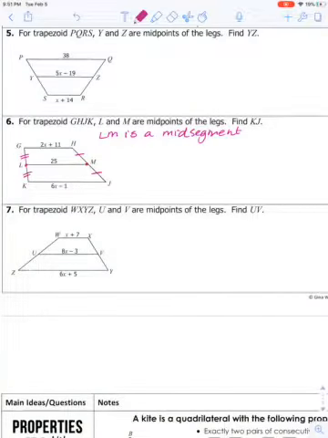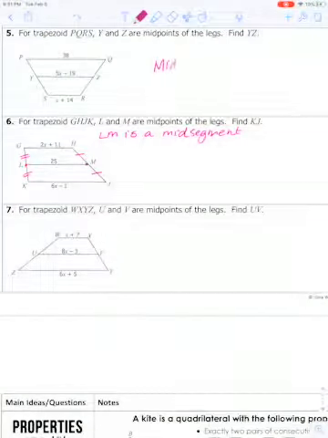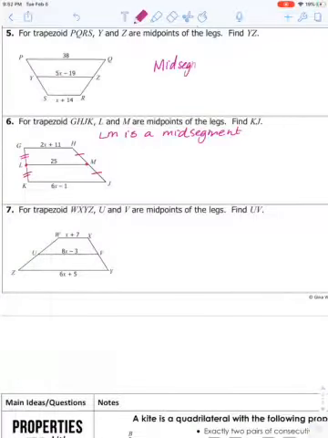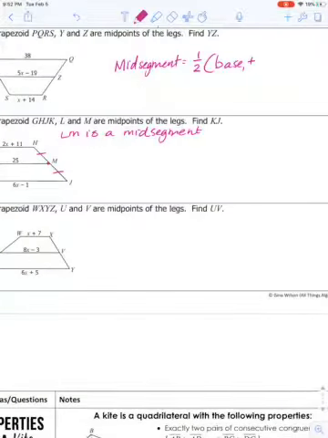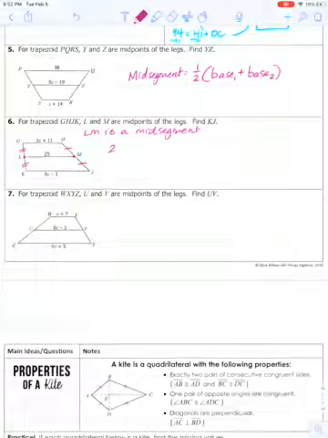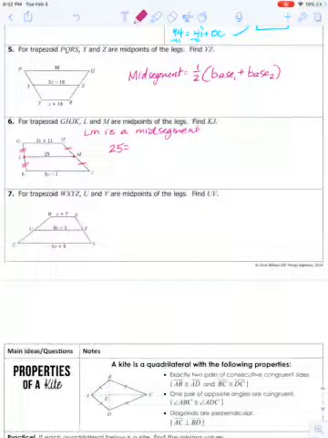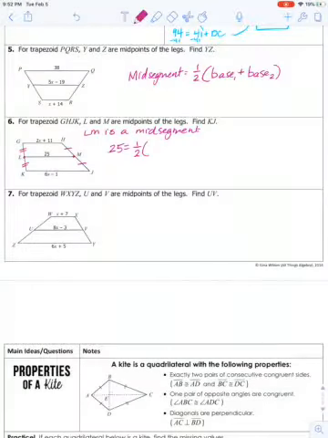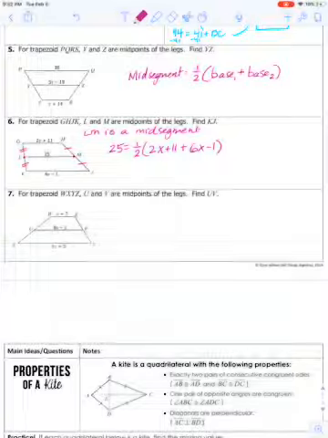The mid-segment, in general, is equal to 1/2 of base 1 plus base 2, the average of the bases. So the mid-segment here is 25. One of the bases is 2x plus 11, and the other base is 6x minus 1.